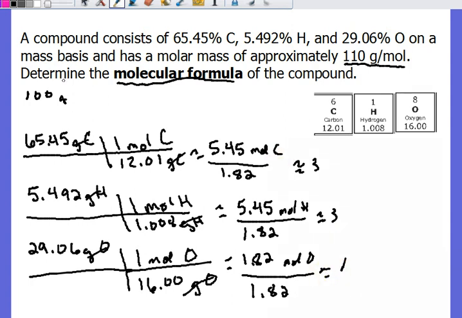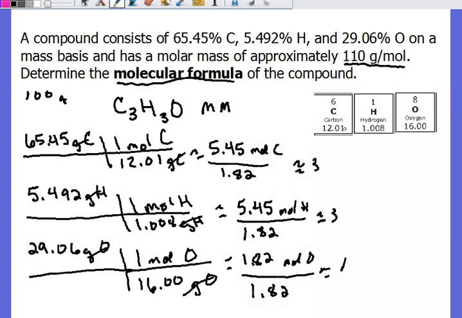So you look at your empirical formula, and you have C3H3O.